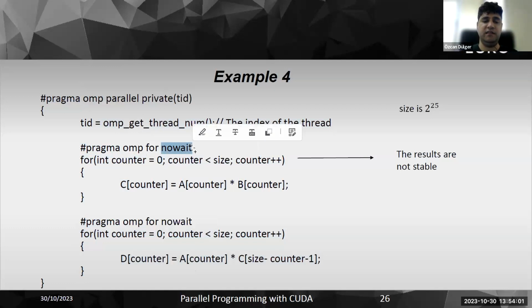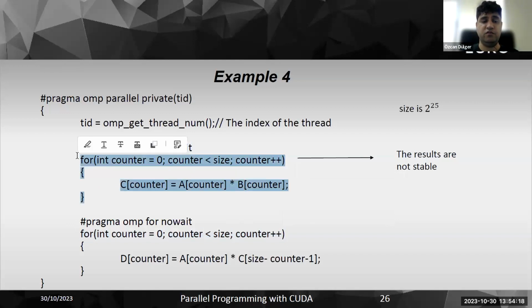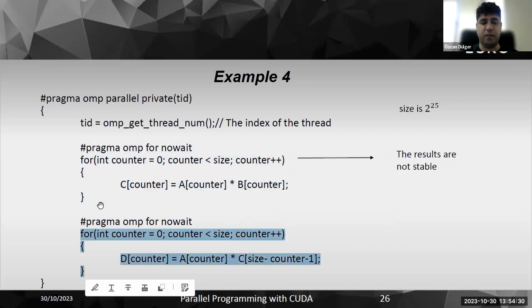That means when a thread completes its job here, it continues with the next for loop immediately. We have 4 threads, and any thread that completes this for loop should not wait for the others to complete it. So once the thread completes its job in this for loop, it continues with the next for loop immediately.